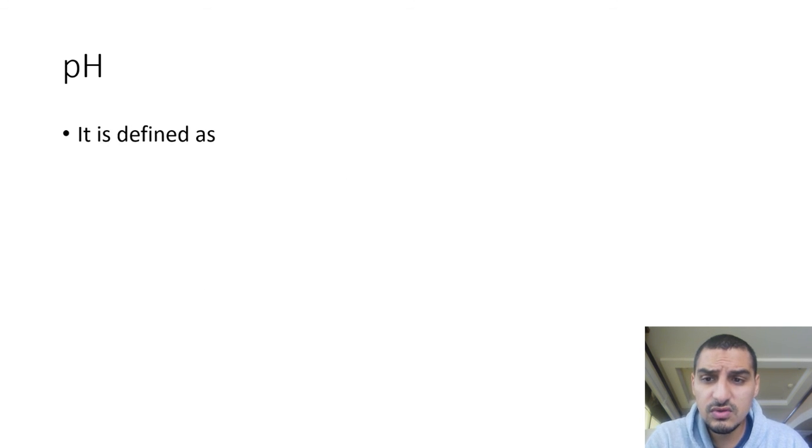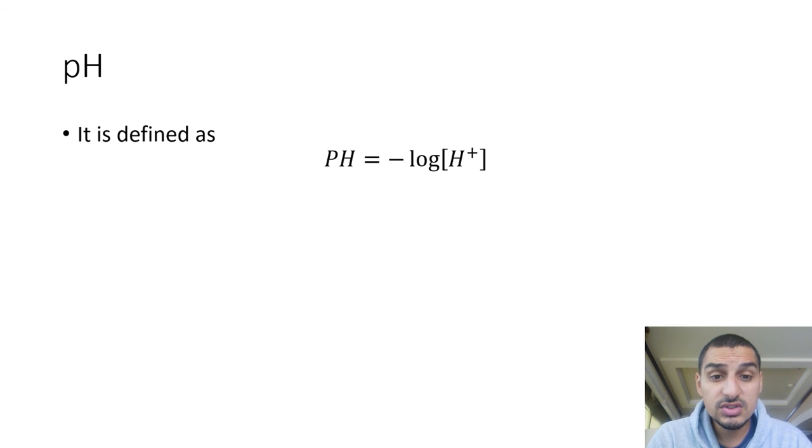The last thing is the pH, which is a measure of the acidity or the alkalinity of the solution. It's calculated using this equation: negative log of the concentration of H plus ions.